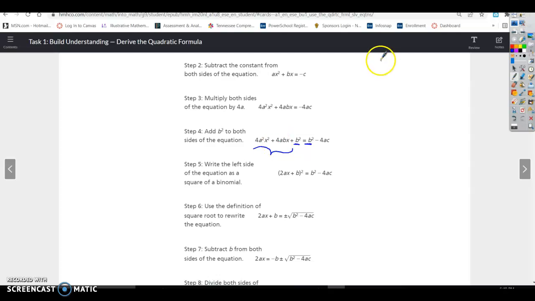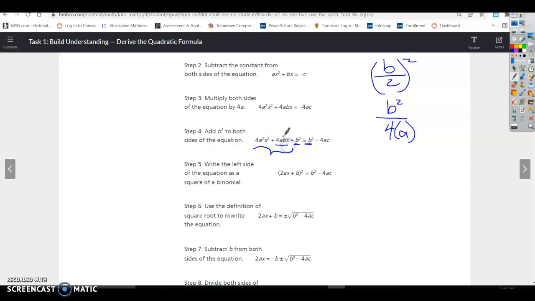If you remember in the beginning, we took b, we halved it, and we squared it. That's what we did when we did completing the square. But when a was not 1, then we had b squared over 4, and then we multiplied that times a. So what we're going to do here is take b and square it.